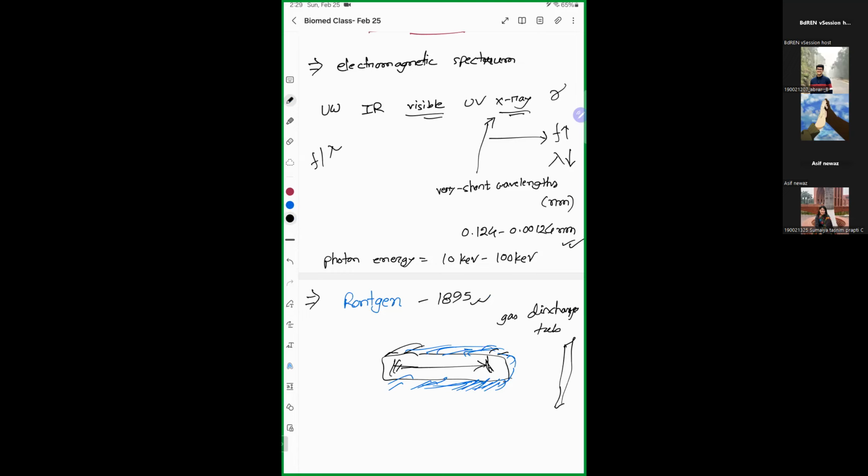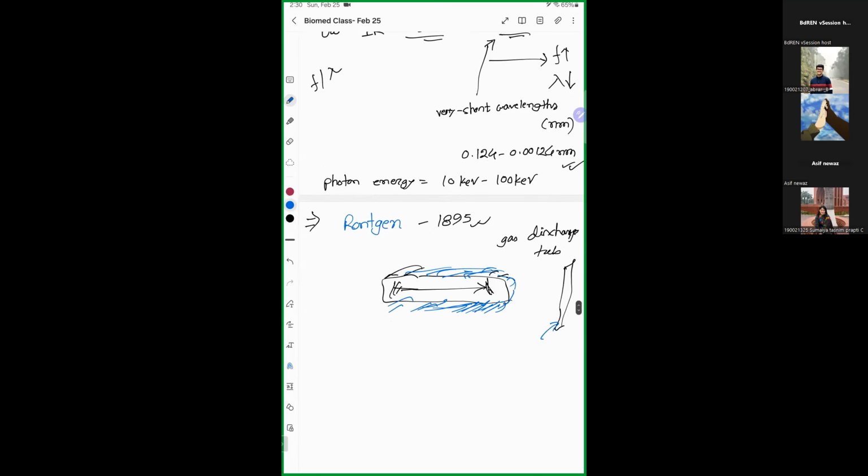But still, one particular material in the lab, outside the tube, started to glow. That made him curious. How can this glow, because everything is sealed? At that time he had no idea what type of radiation it was.